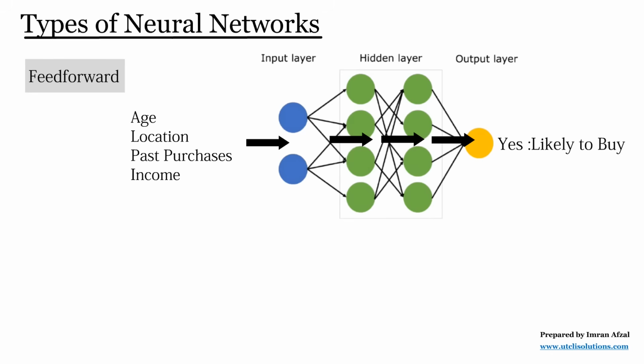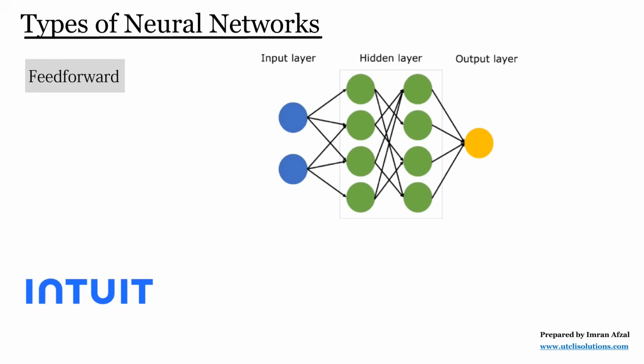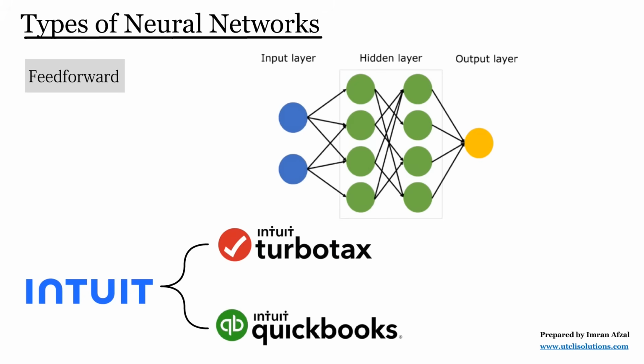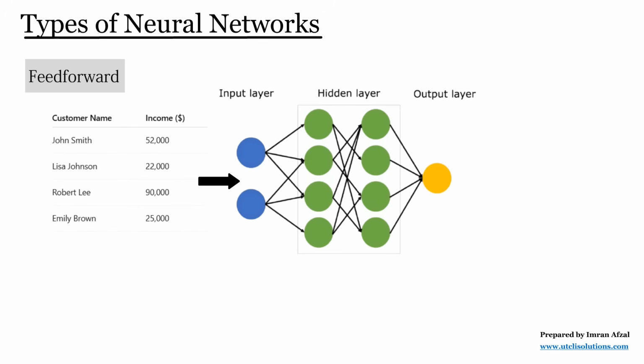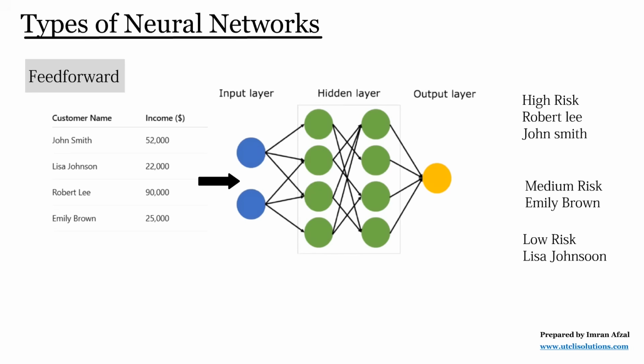One real example of a company using feed forward neural networks is Intuit, which builds financial software like TurboTax and QuickBooks. They use this type of neural network to classify users into different risk categories when analyzing tax returns or loan applications.